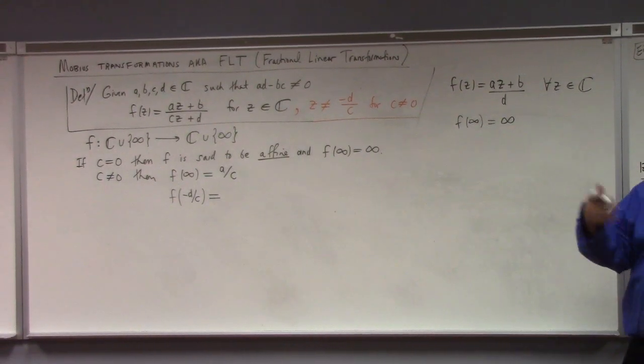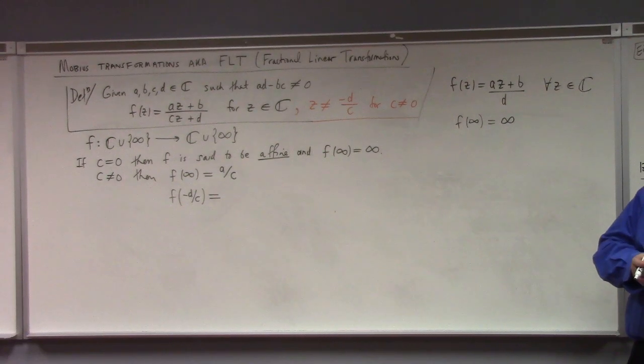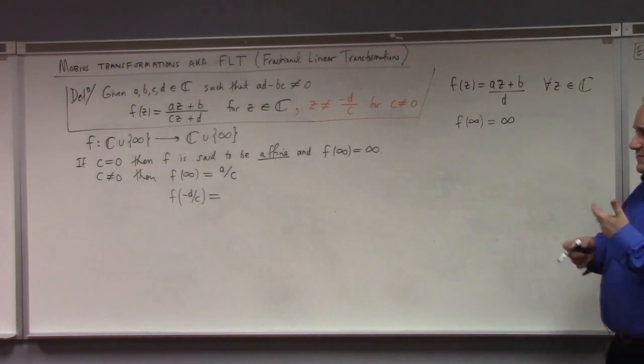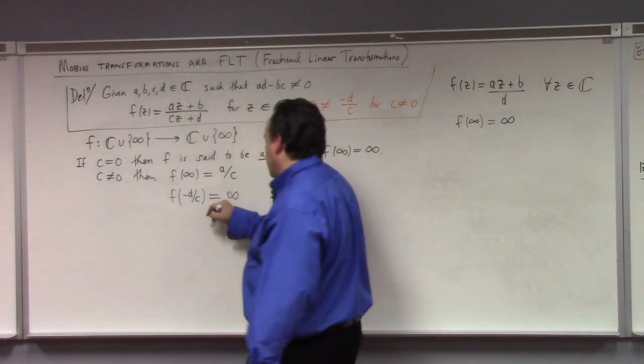I mean, this is the definition. We're defining a function from the extended complex plane to the extended complex plane, so we should put infinity here, right? That's where the pole goes to.